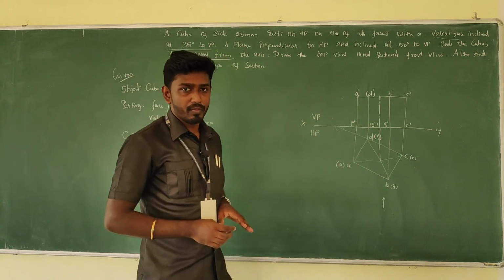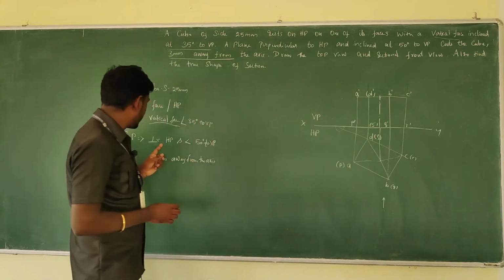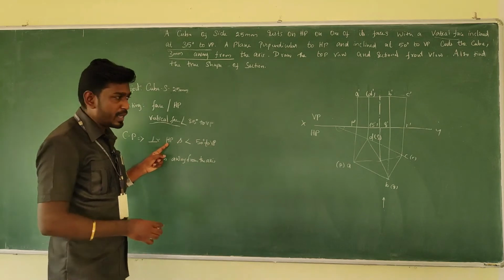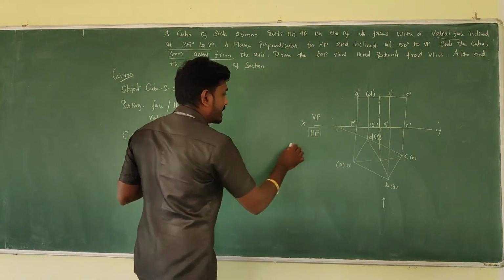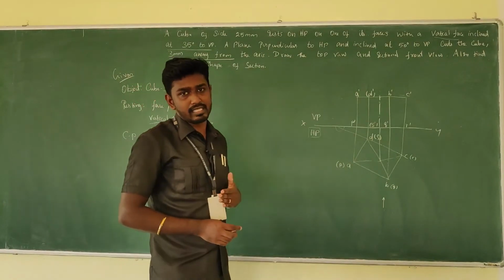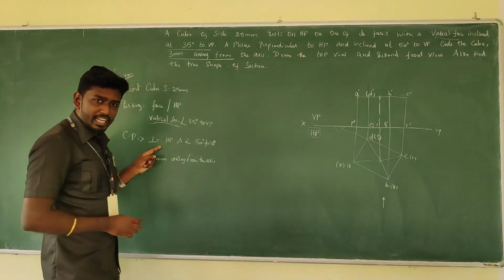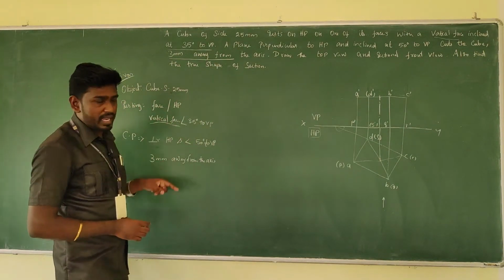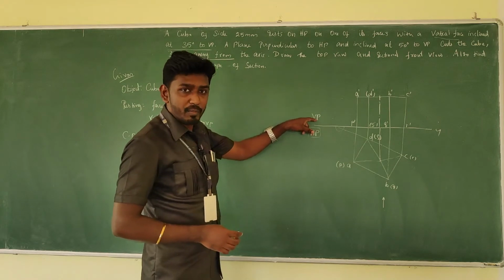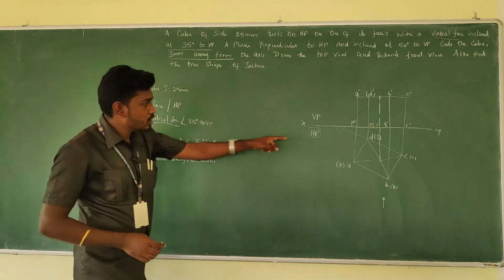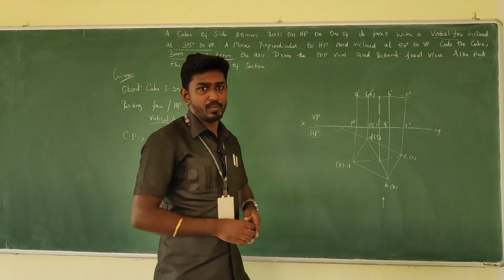You can remember like this: if the cutting plane is perpendicular to HP, in the HP plane we shall see the cut. If the cutting plane is perpendicular to VP, then it can be seen in the VP. Here it is perpendicular to HP, so you can make the cut in the HP plane.